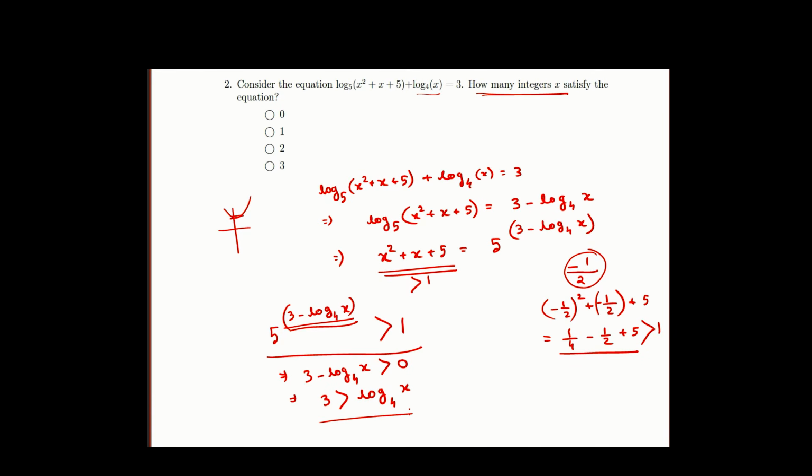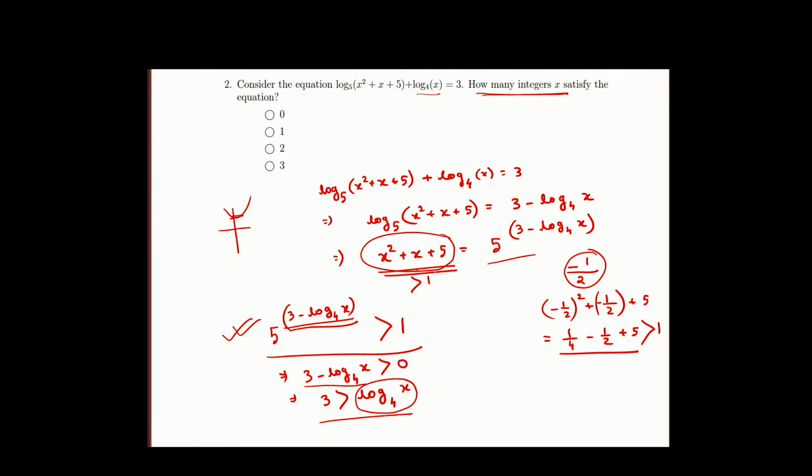Now observe that this log x base 4 has to be an integer, otherwise 3 minus log x base 4 will not be an integer, then this will not be an integer, and then this part will not be an integer. But this cannot happen because x is an integer, we are considering only the integers.